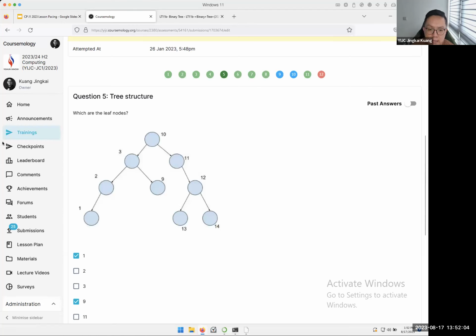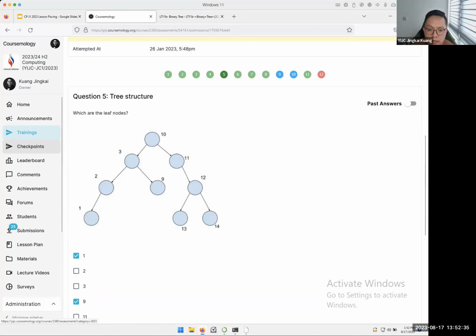Just a quick check of the answers. I think some of you made careless mistakes. You picked number 3 and number 11. We should pick the leaf nodes. You picked the children of the root, so you might be a little bit confused there. Four of you picked 12 as well, which is quite interesting. If you want to clarify why you picked 12, you may want to unmute yourself and say.